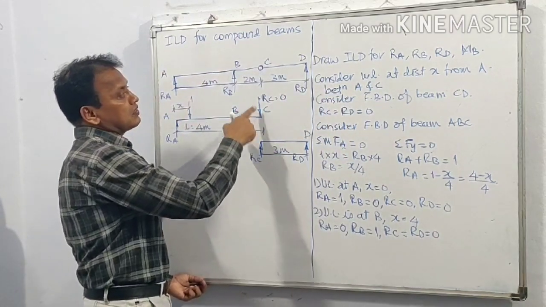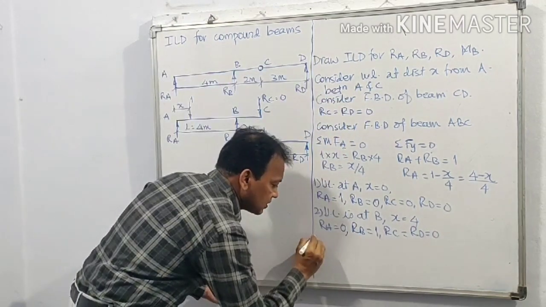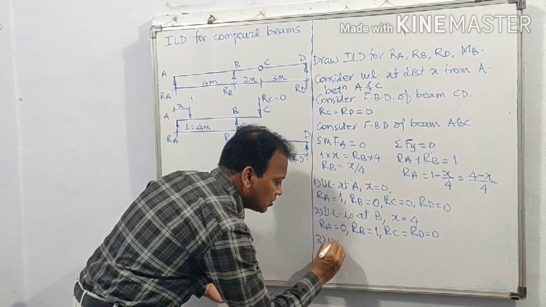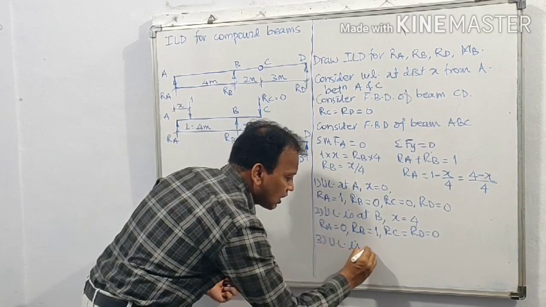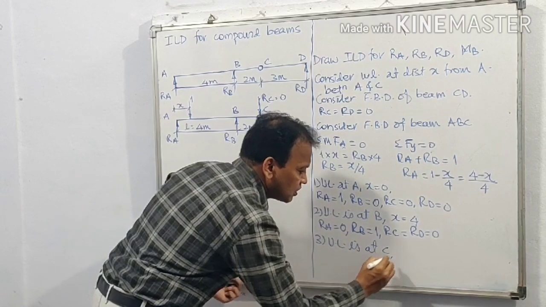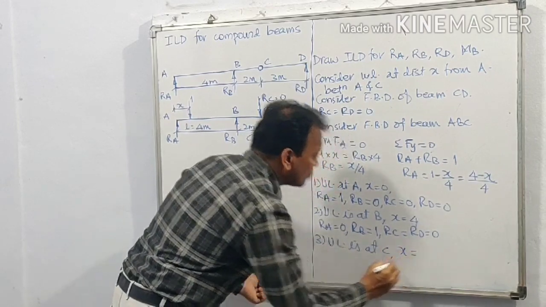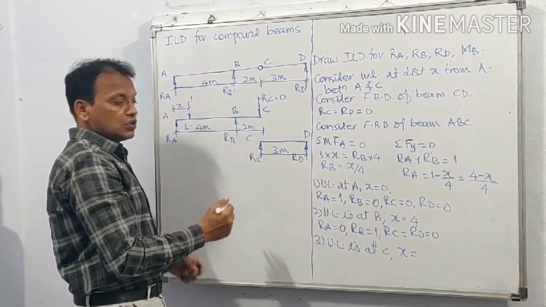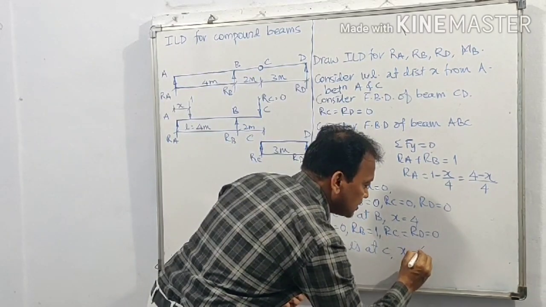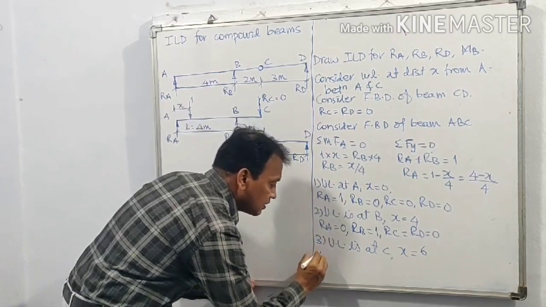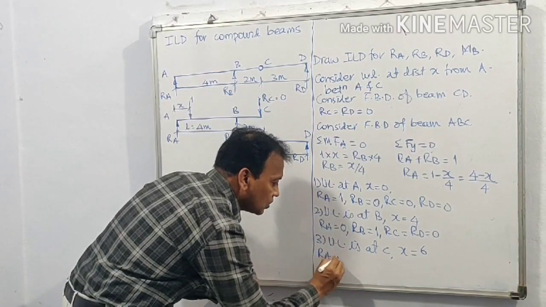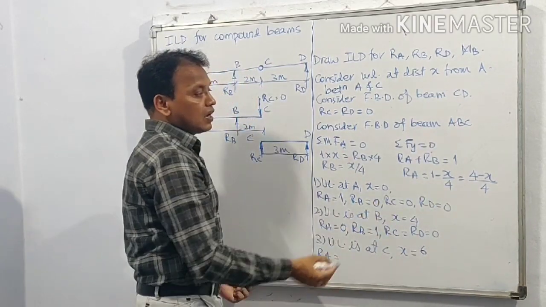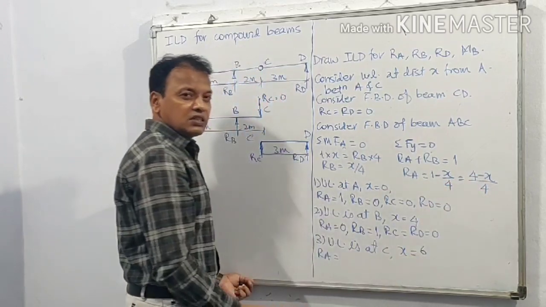Third case, when unit load is at C, this distance is X, X is equal to 6 meter. So X is equal to 6 and therefore RA is equal to, we know RA is equal to 4 minus X upon 4.